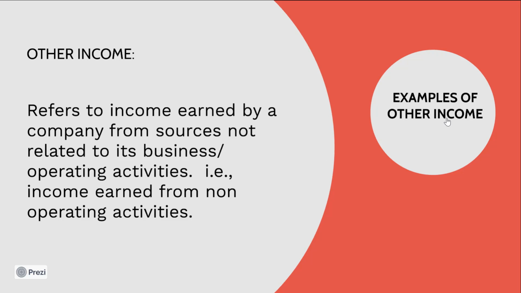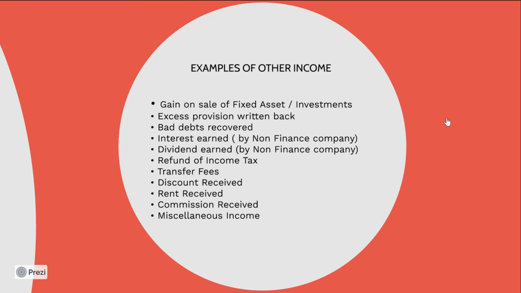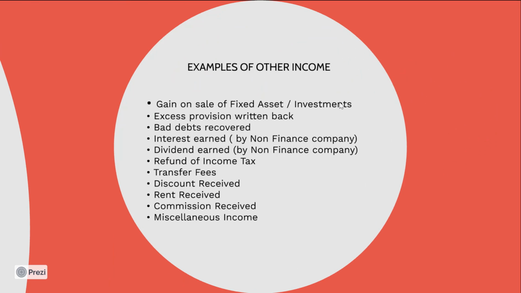Let's check out the examples of other income. These are the examples of other income. Gain on sale of fixed assets or gain on sale of investments. Any excess provision which is written back. Bad debts recovered. Interest earned and dividend earned, but however it should be by a non-finance company.